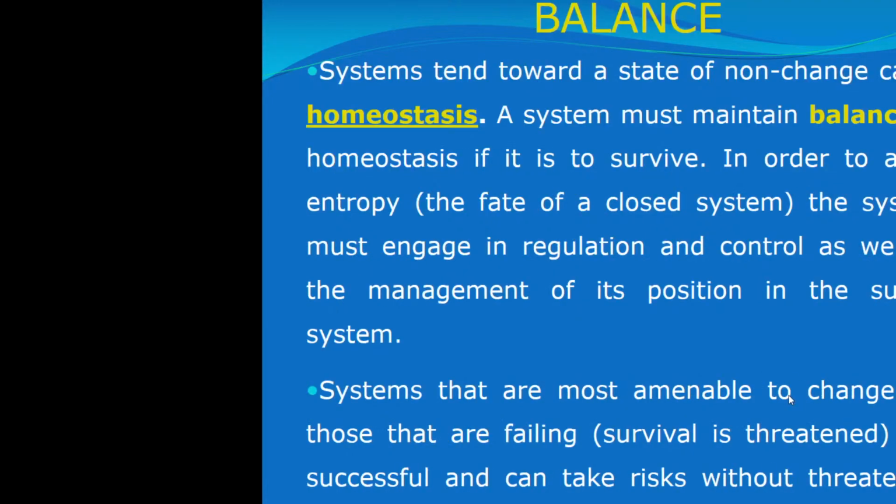Balance. Systems tend toward a state of non-change called homeostasis. A system must maintain balance or homeostasis if it is to survive. In order to avoid entropy, the fate of a closed system, the system must engage in regulation and control as well as management of its position in the super system.